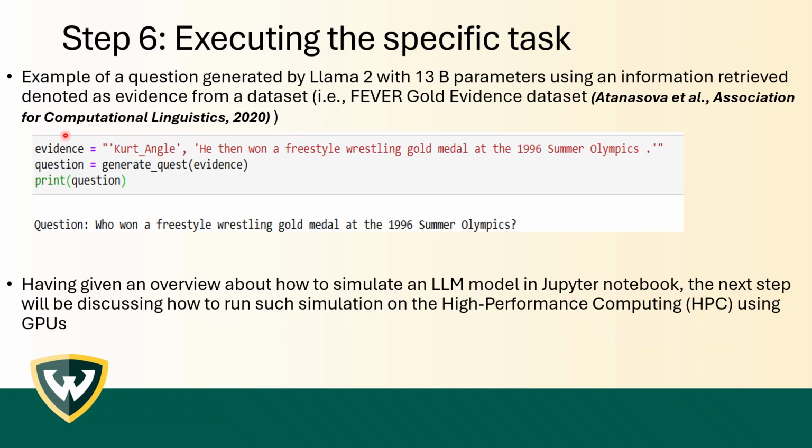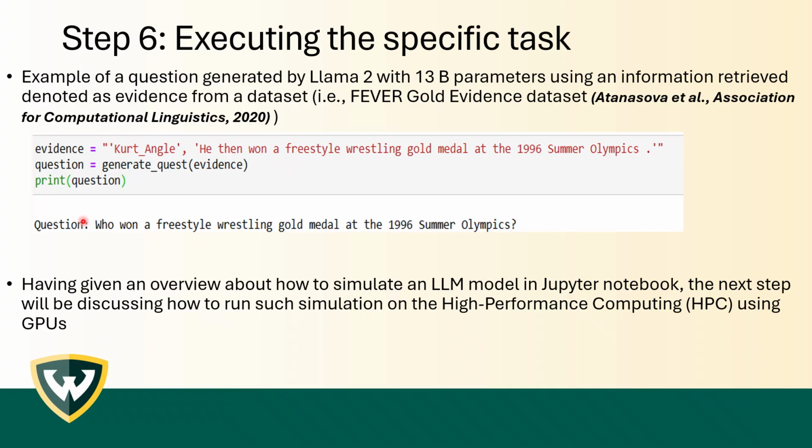Here we show an example of a question generated by Llama2 with 13B parameters using information retrieved from the Fever Gold evidence dataset and denoted as evidence. So as we can see here, the question is equal to generate question, which was defined in the previous slide, and where we pass the new information based on what Llama2 will be generating a simple question.